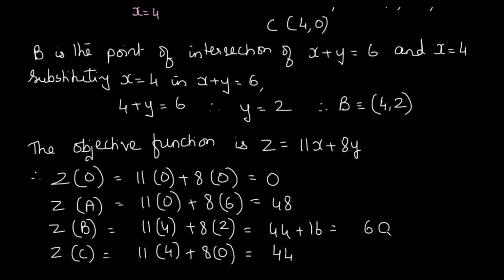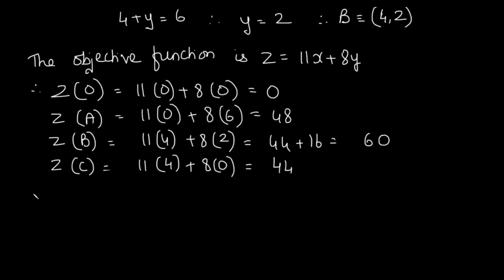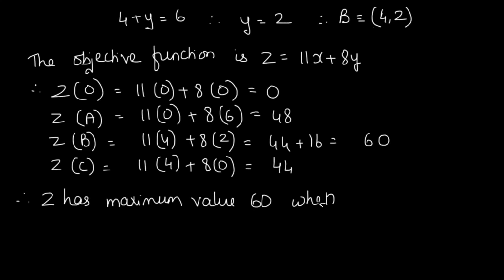Therefore, we conclude that Z has maximum value 60 at B, when x is equal to 4 and y is equal to 2. At this particular point, 4, 2, Z has the maximum value. So you can pause the video, study the sum, and then go on to the next sum.